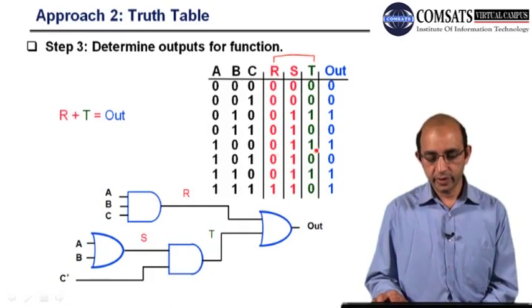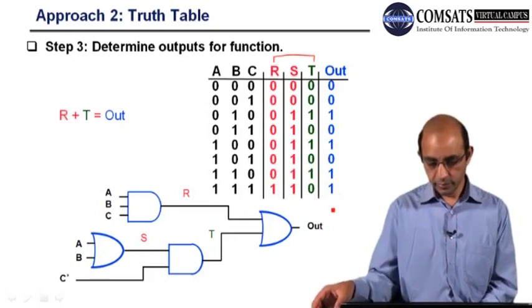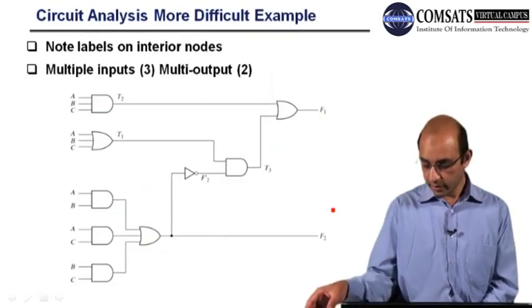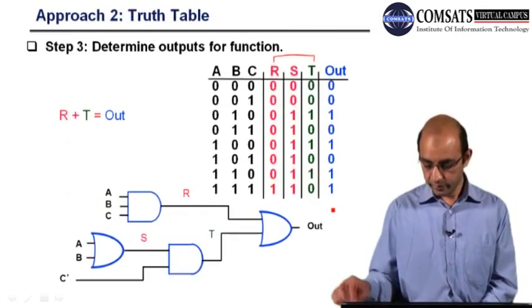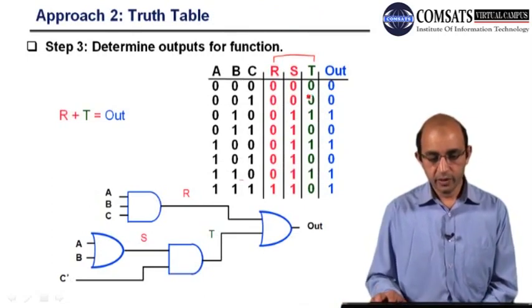Here both inputs are high, so we have a 1. So this is the truth table solution for the analysis.